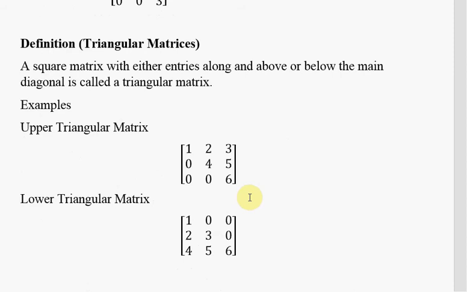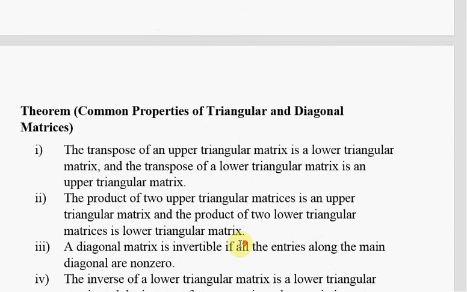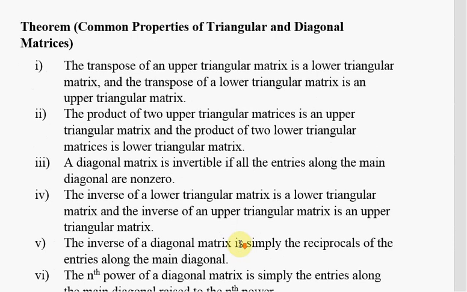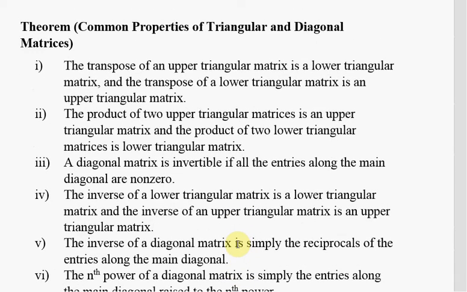Beautiful. Let's look at the next theorem, a property that somewhat categorizes exactly what we just said. Common properties of triangular and diagonal matrices. We just stated the first one, and the second one, right? Number 3 is most useful to us.